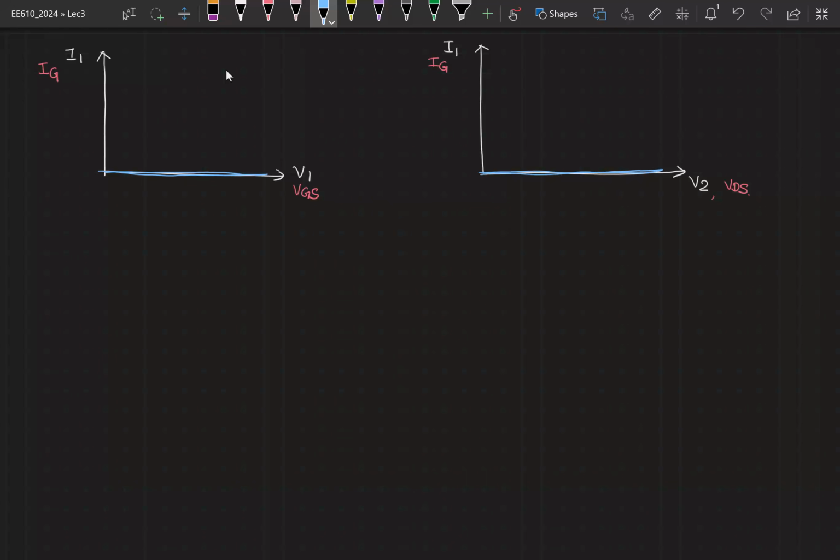So your Ig is equal to 0. Therefore, the first two graphs are very easy to plot.